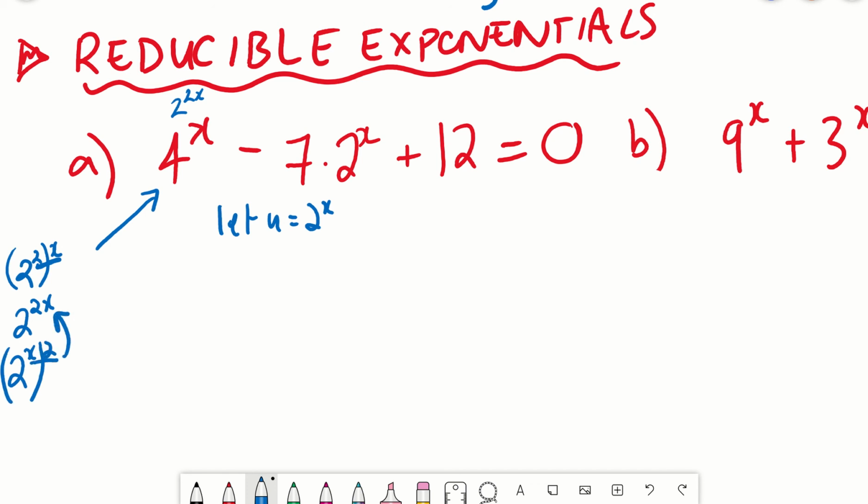So that's the same thing as 2 to the power of x squared, minus 7, times 2 to the power of x, plus 12.